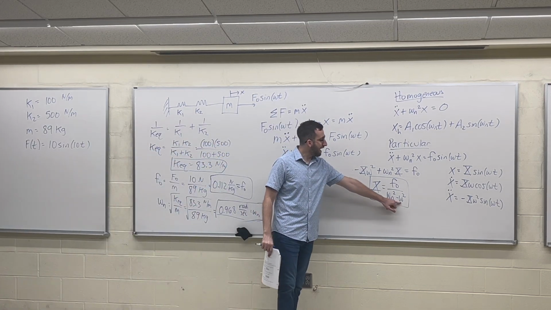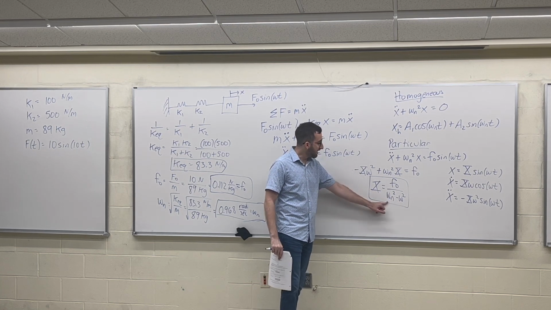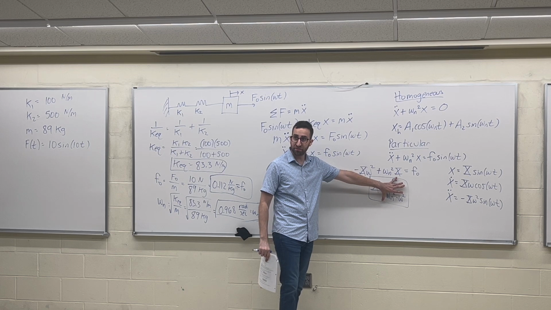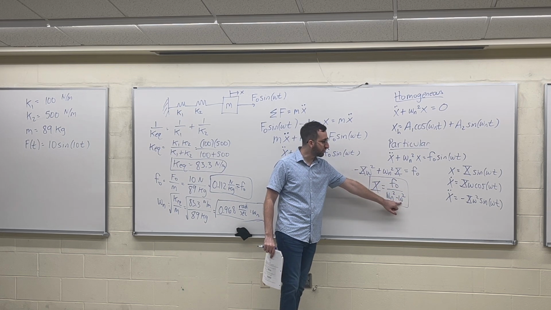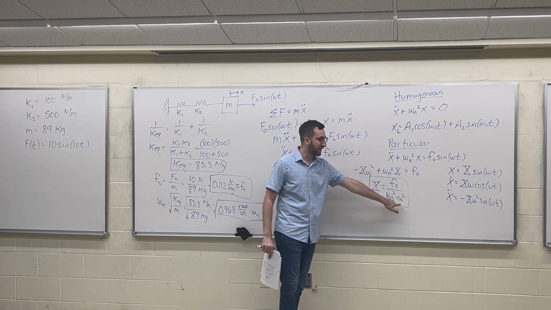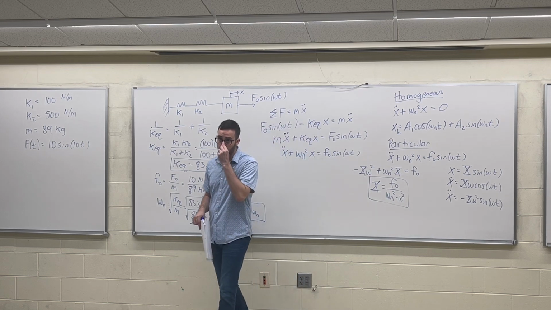We see that if the driving frequency is smaller than the natural frequency, this is positive, they're in phase. When the driving frequency exceeds resonance, meaning it's bigger than omega n, this denominator becomes negative, causing x to become negative. Now they're out of phase by 180 degrees.